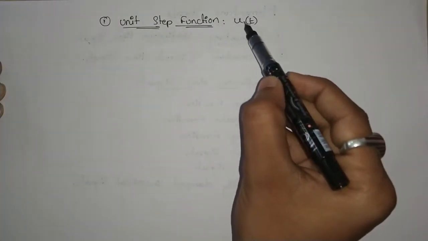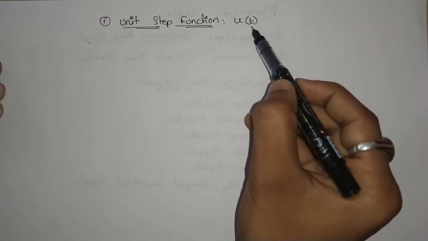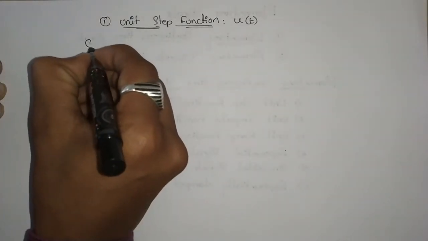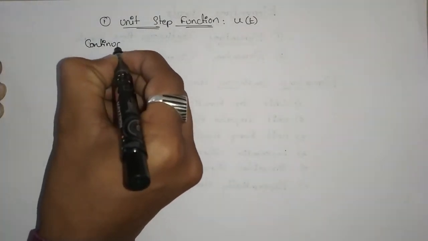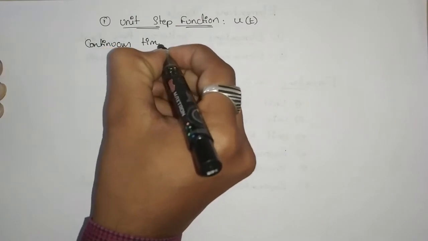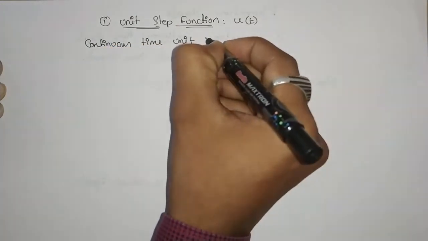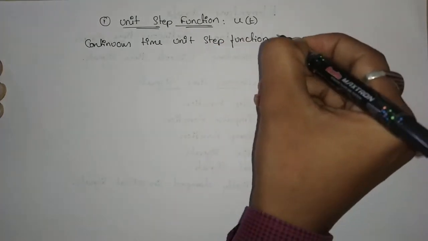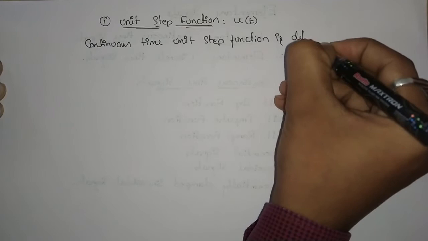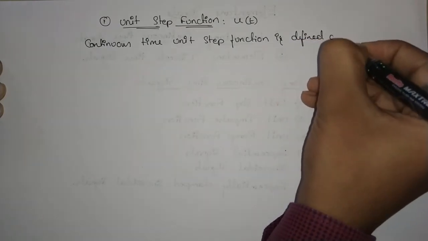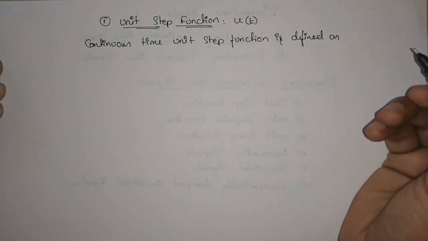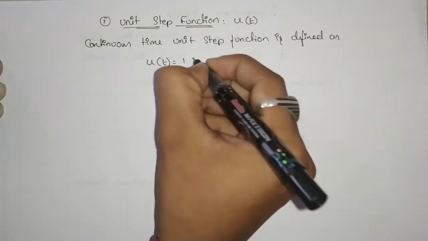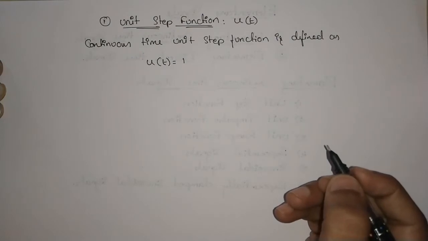The continuous time unit step function u of t is defined as follows.